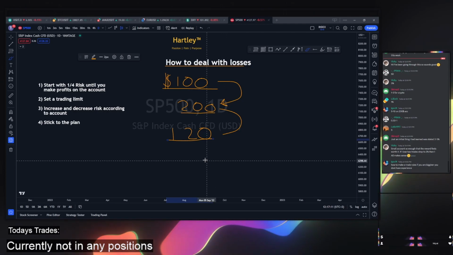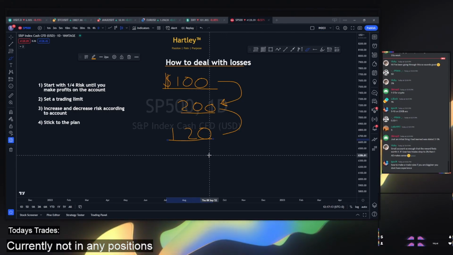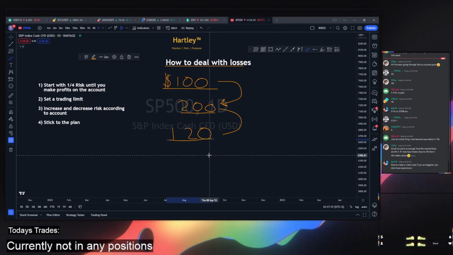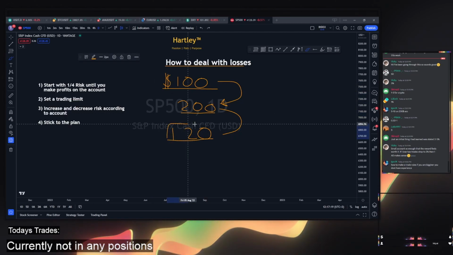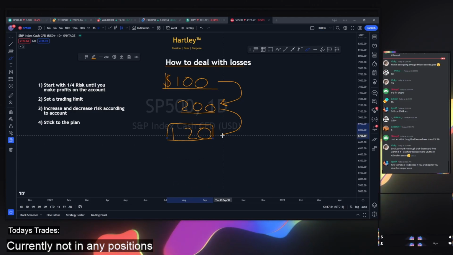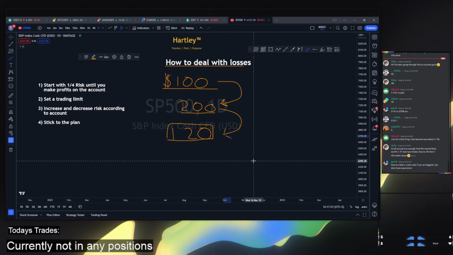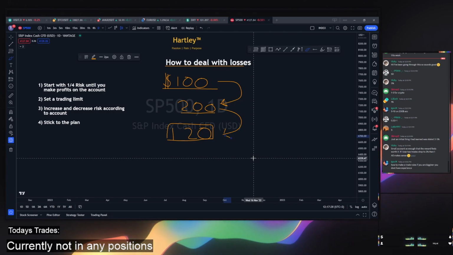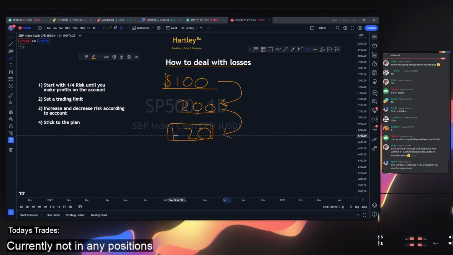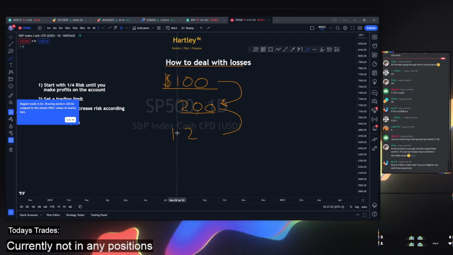Sticking to the plan just means that you can't keep re-entering into positions because you want to make your money back. You need to understand that you took some losses, that maybe your setups weren't that great, maybe you made a mistake or you had a losing streak. But sticking to the plan means you've got to wait.